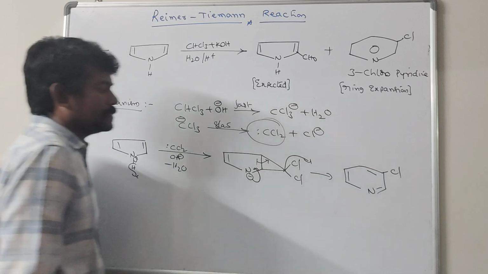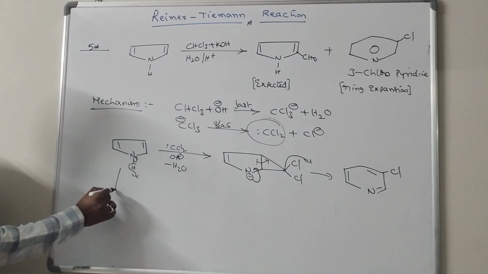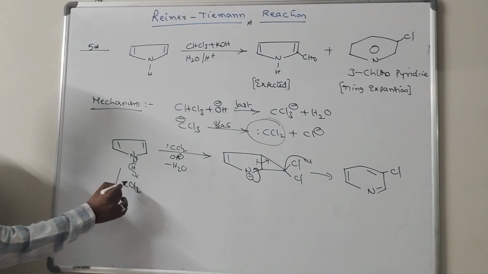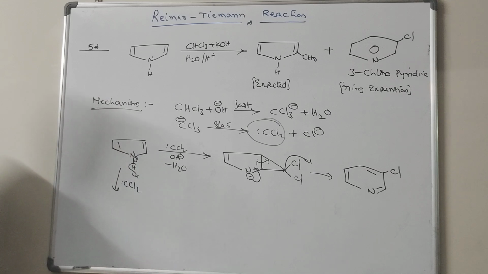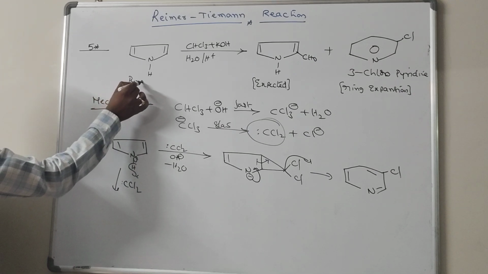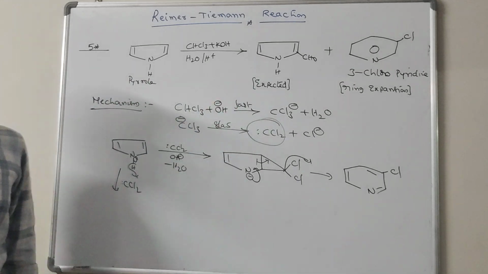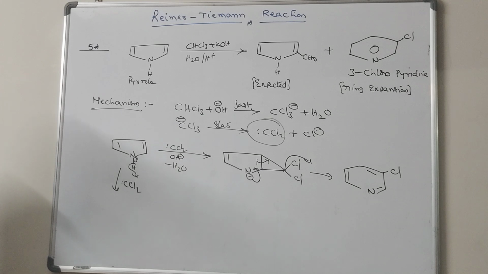One Cl minus is removed. This is the formation of 3-chloropyridine. And what happens when CCl2 attacks pyrrole? How is this compound formed? Let us see the mechanism.